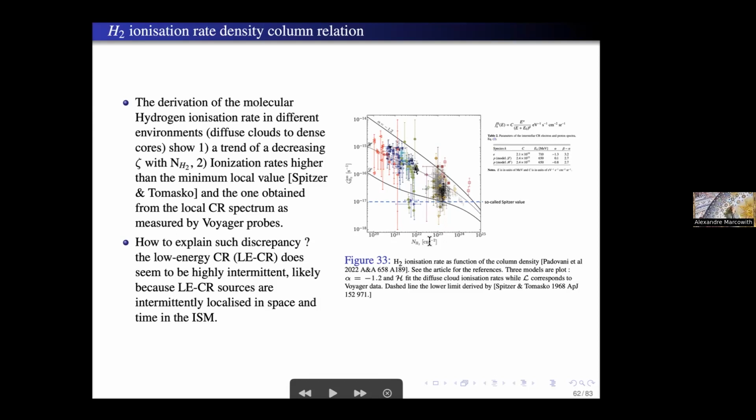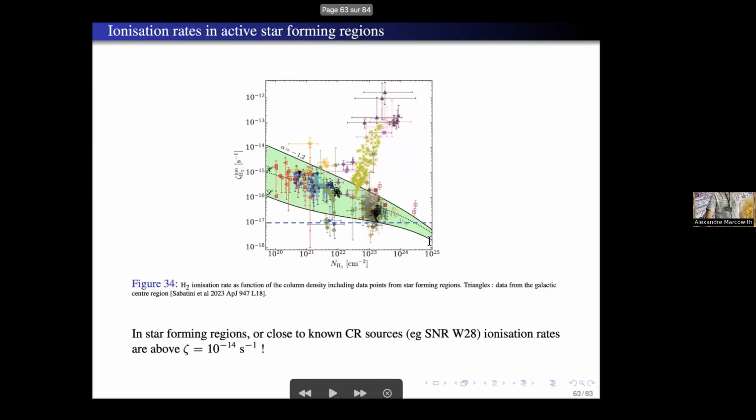That's possible. Or you have associated with this object an in situ source of non-thermal particles, which can give spectra able to explain this correlation. So this is the object of the rest of my lecture.